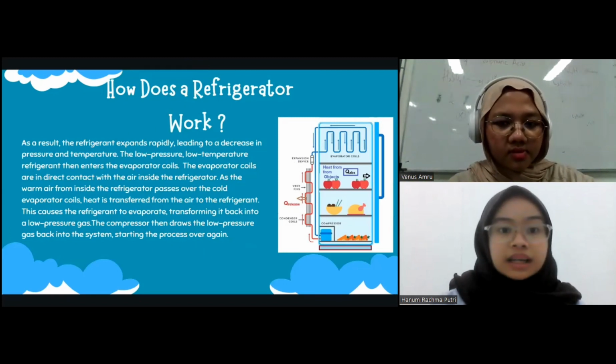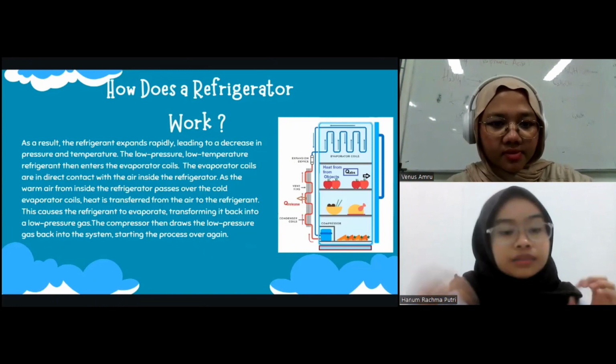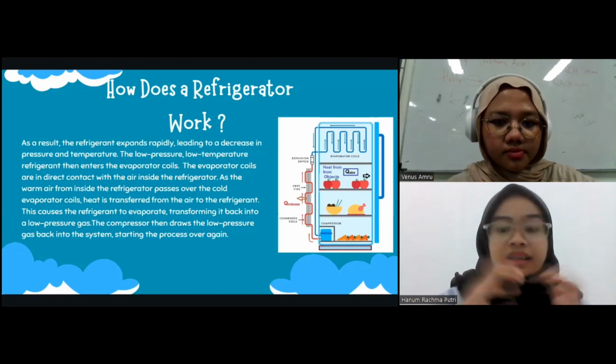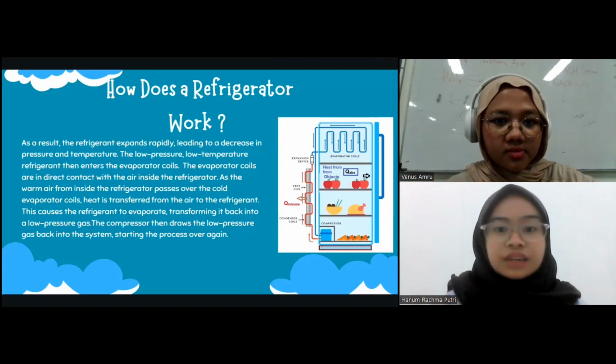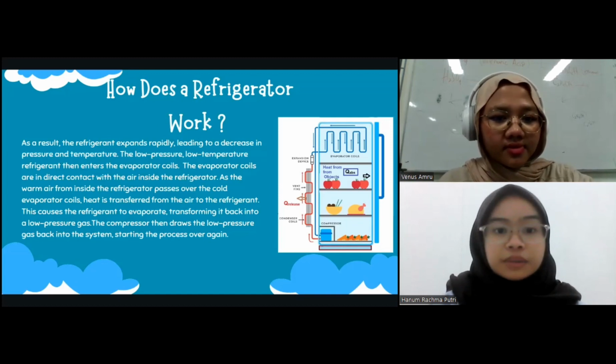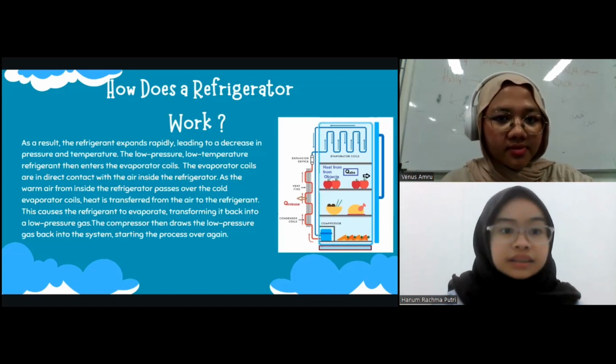The lower pressure and lower temperature refrigerant then enters the evaporator coils that are located inside the refrigerator. The evaporator coils are in direct contact with the air inside the refrigerator.